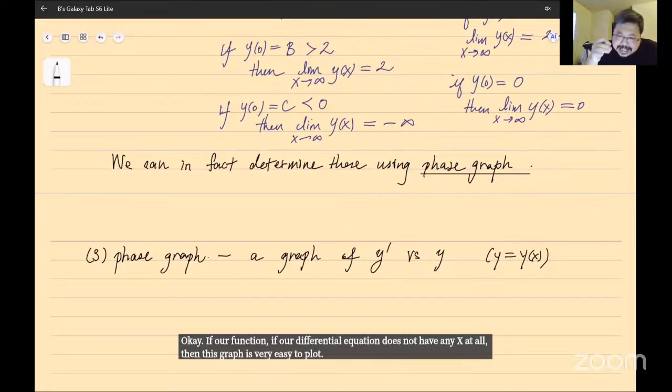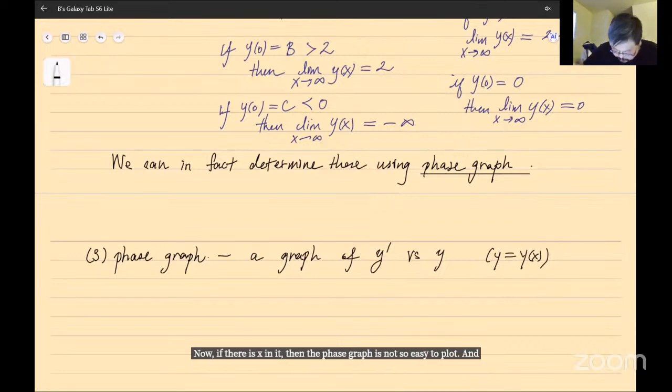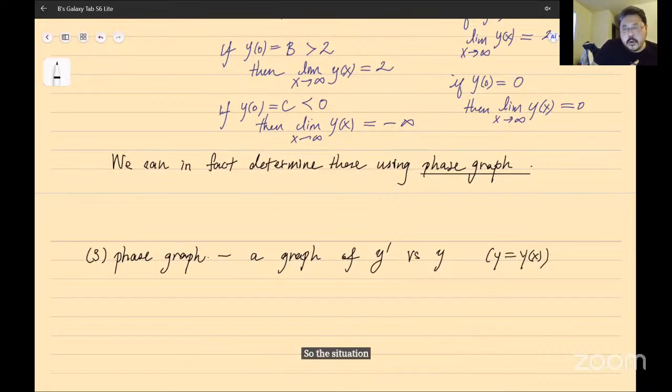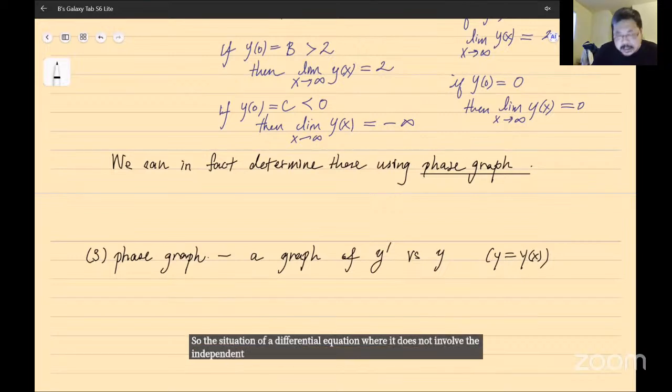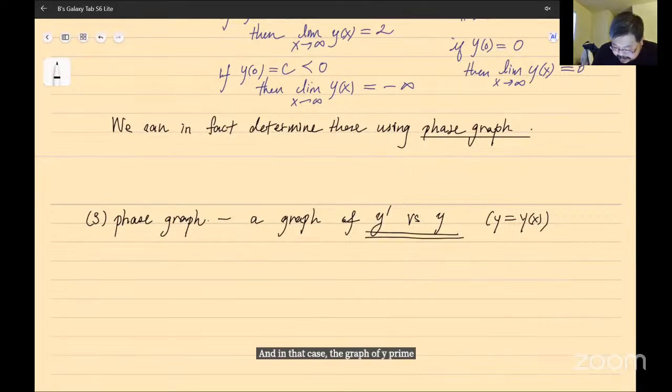If there is x in it, then the phase graph is not so easy to plot, and we're going to ignore those situations. A differential equation that does not involve the independent variable at all is called an autonomous differential equation. In that case, the graph of y prime versus y is very easy to plot.